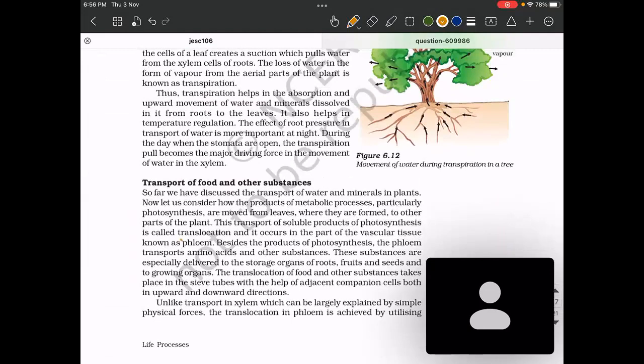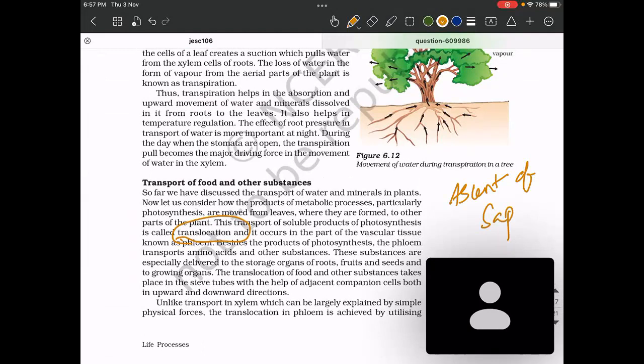Here, what is translocation? Translocation means change in location of any organism. Okay. What is ascent of sap?